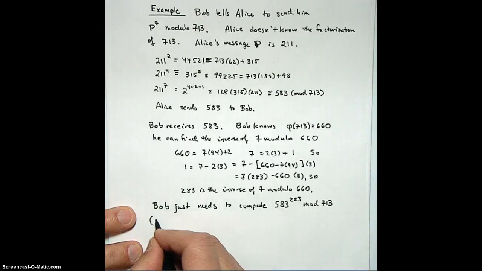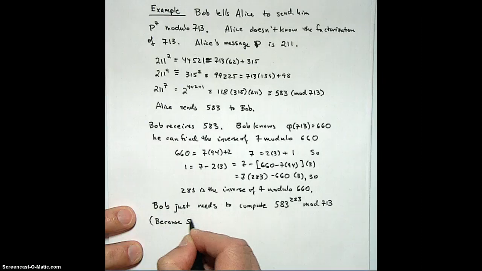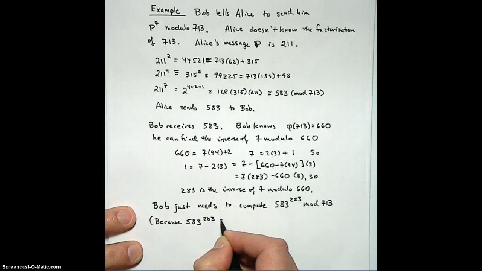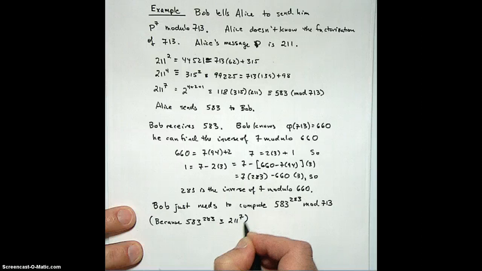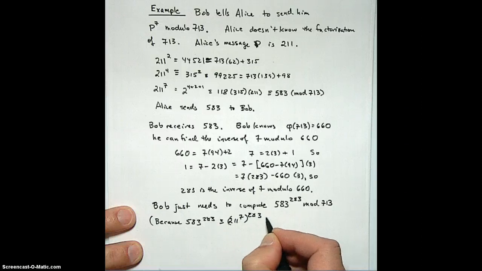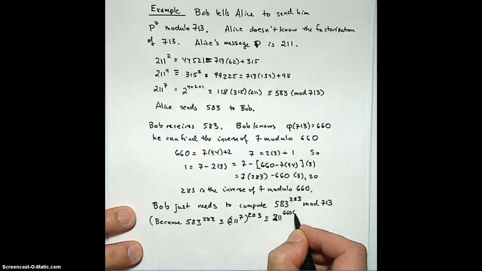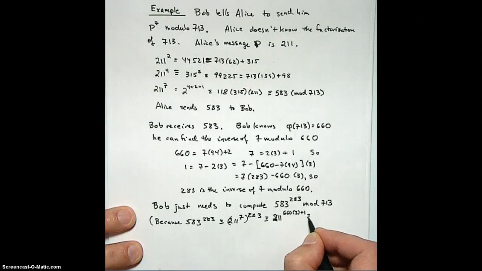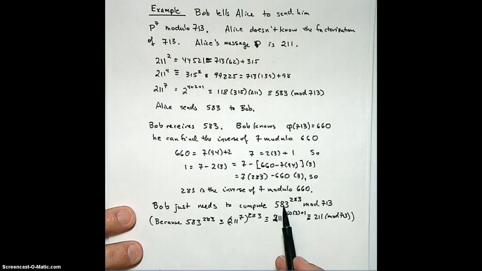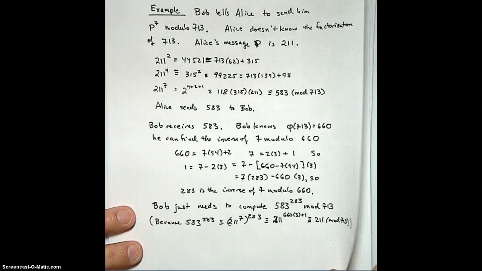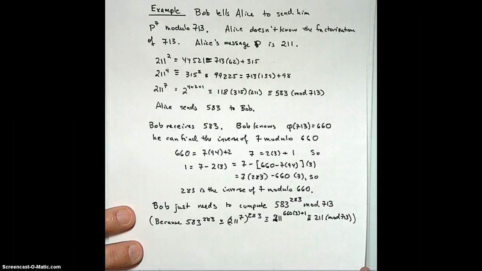Because 583 to the 283 is congruent to 211 to the 7th to the 283, which is congruent to 211 to the 660 times 3 plus 1, which is congruent to 211 mod 713. So if Bob can do this, he'll recover Alice's original message. All right. So let's have him do that.